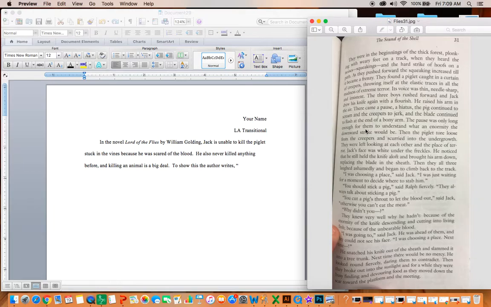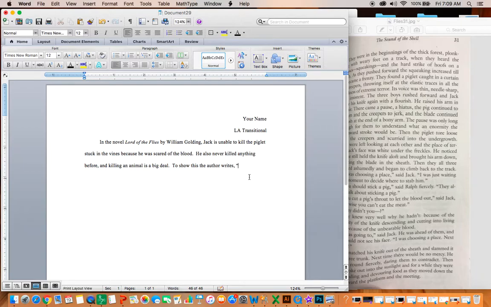The pause was only long enough for them to understand what an enormity the downward stroke would be. Exactly from the book, the pause was only long enough for them to understand what an enormity, which means a really big deal, what an enormity the downward stroke would be.